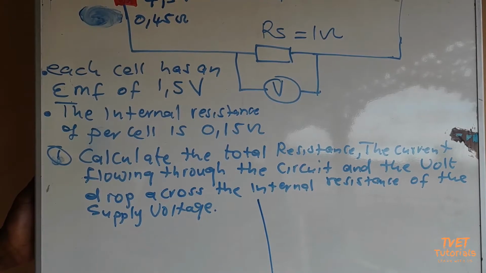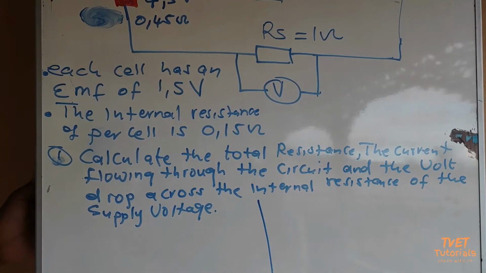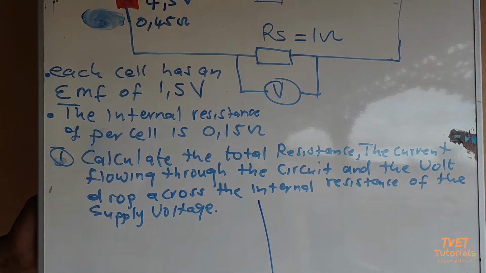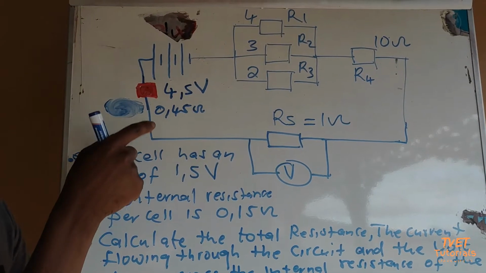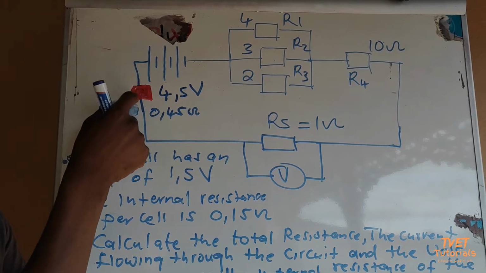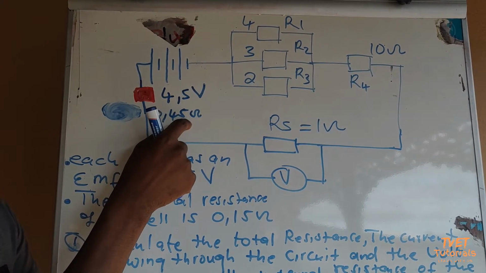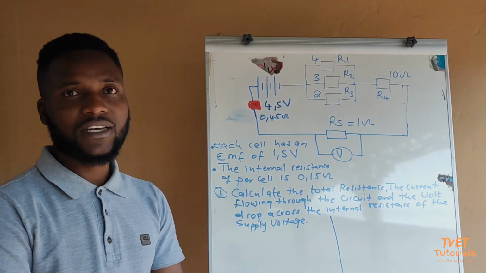The question says, calculate the total resistance of the circuit, the current flowing through the circuit, and the voltage drop across the internal resistance. The internal resistance is this one here, and the magnitude there is 0,45. Now we are going to calculate the total resistance.